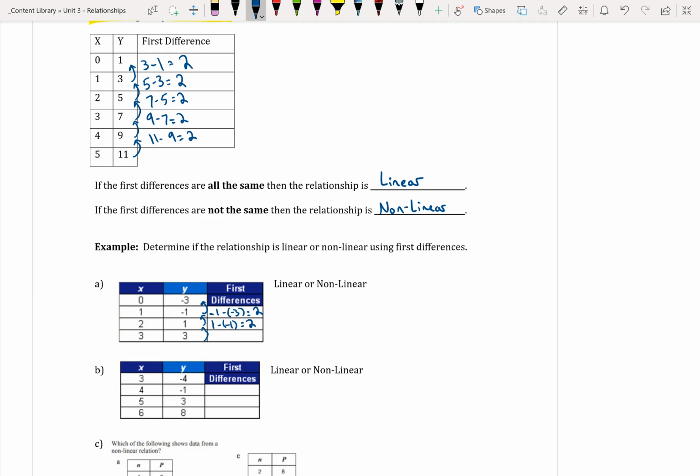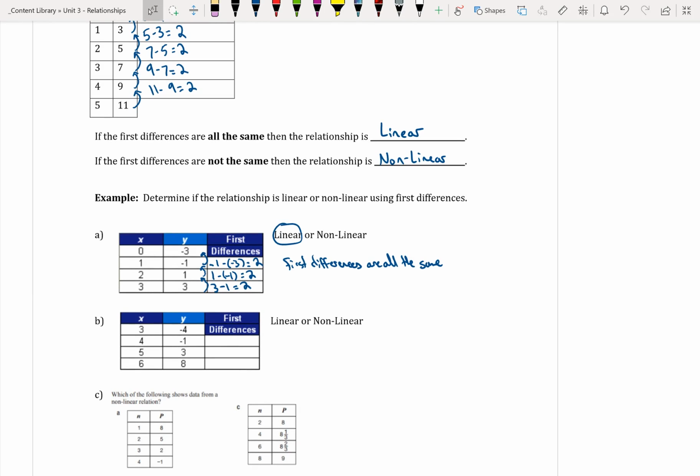And lastly, 3 minus 1 equals 2. So because all the first differences are all the same, therefore it is considered linear.